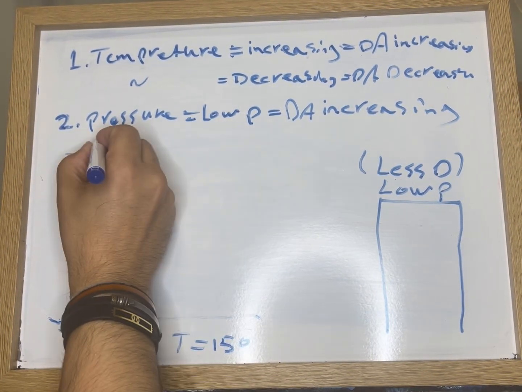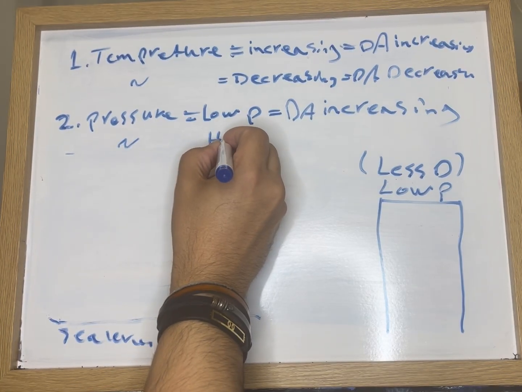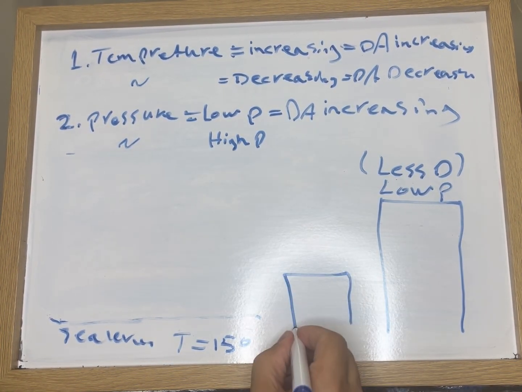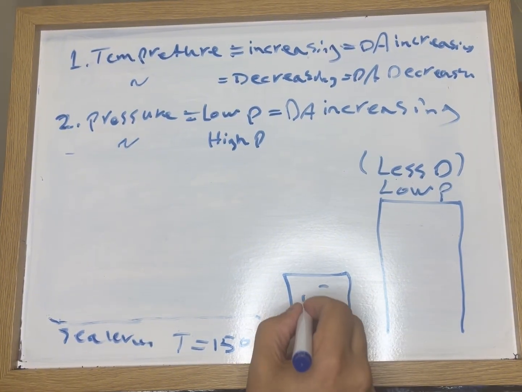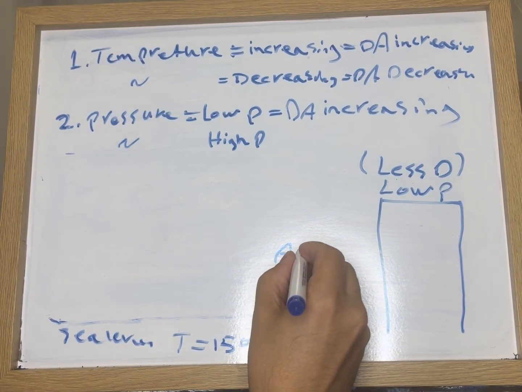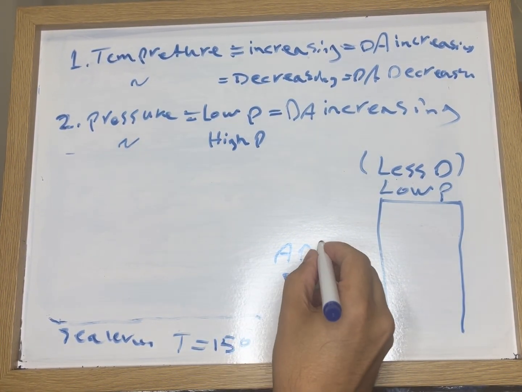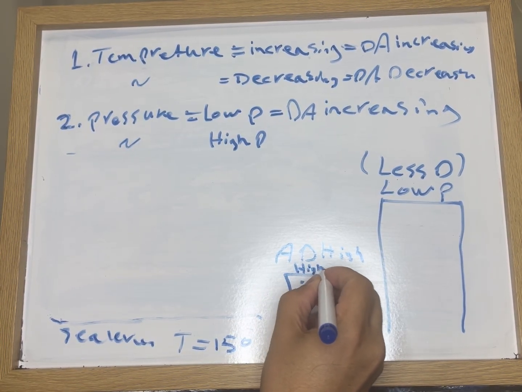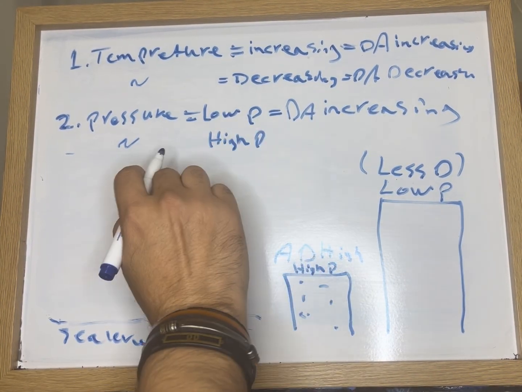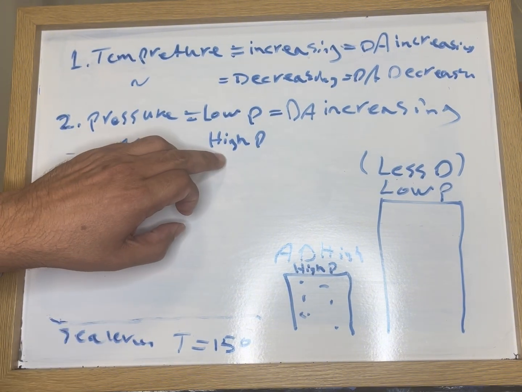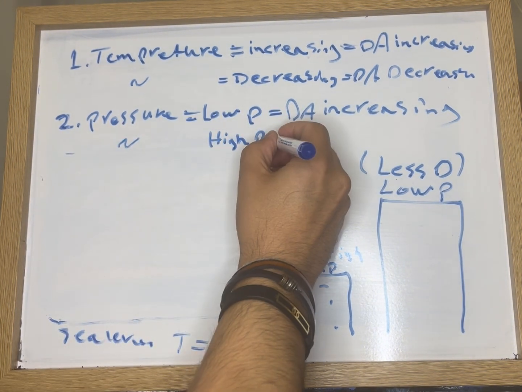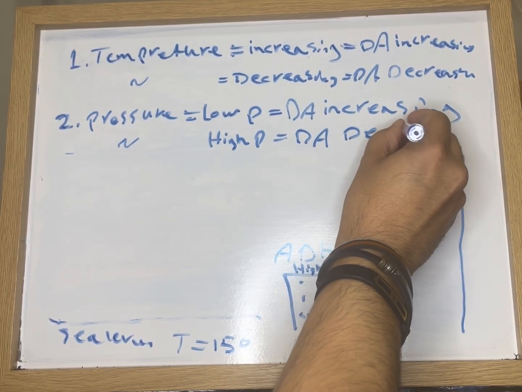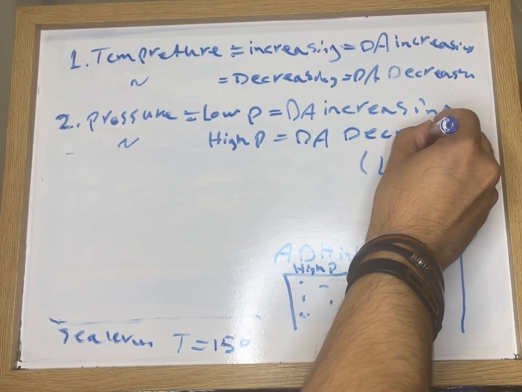And with high pressure, or lower altitude, the air density is higher, so density altitude decreases.